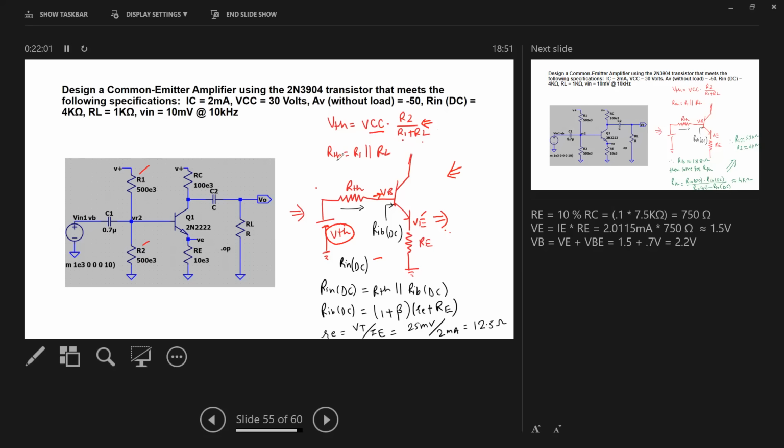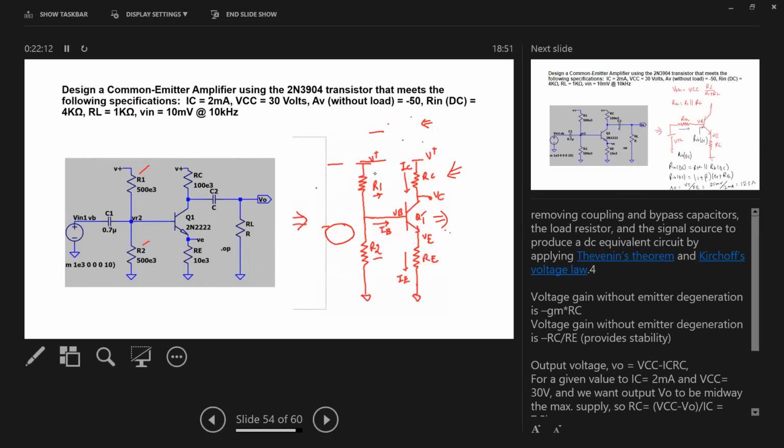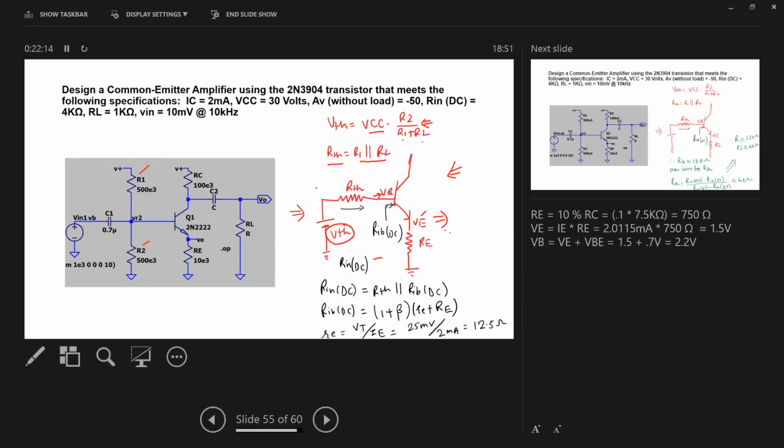So this is it. And then RTH is the parallel combination of R1 in parallel with R2. So I'm actually converting this circuit into this circuit by applying the Thevenin's. So with that, I got these two equations, the value of VTH and the RTH.